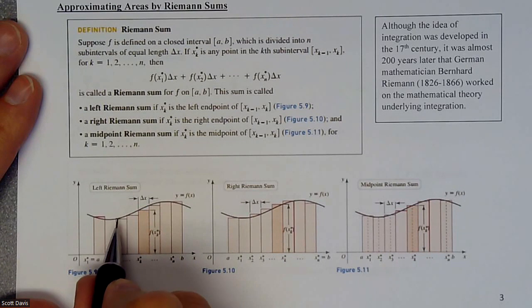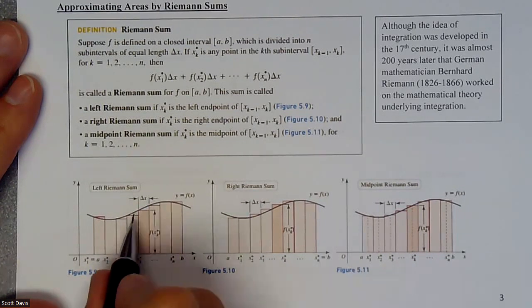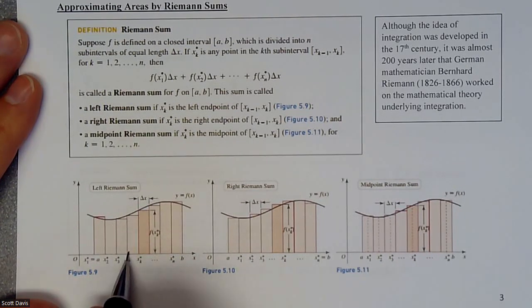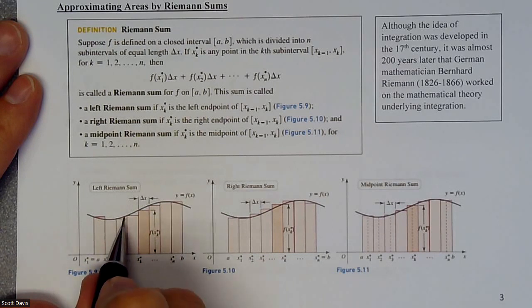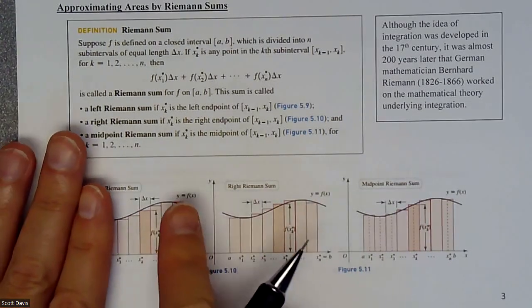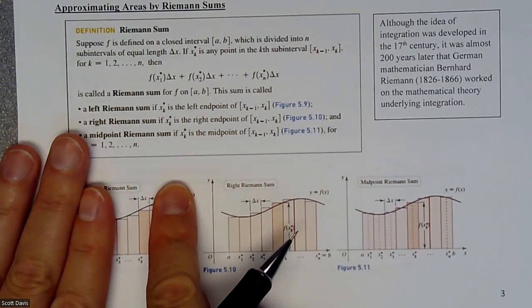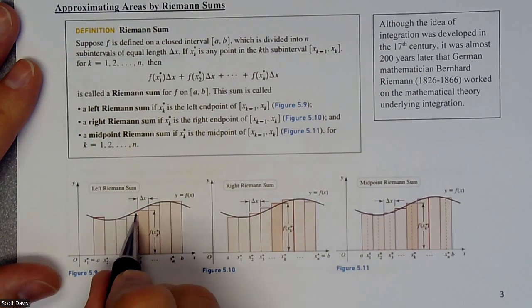If you have something that's concave up and you are doing a left Riemann sum, and if you make a visual on this, you'll definitely see this, you're building this rectangle and you're going to be short. So if this curve was nothing but concave up, every one of these rectangles is going to be a little bit less than what the actual area is. We're missing these little areas, so we're going to have an underestimate.